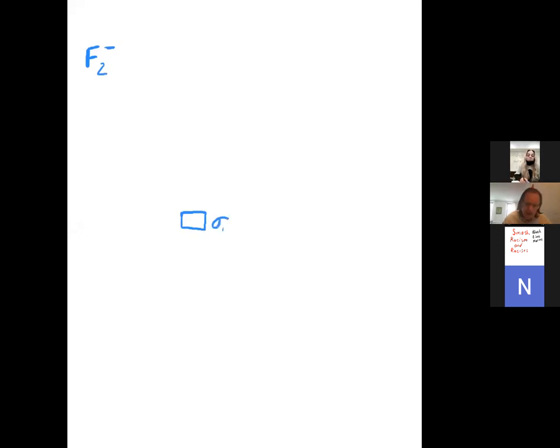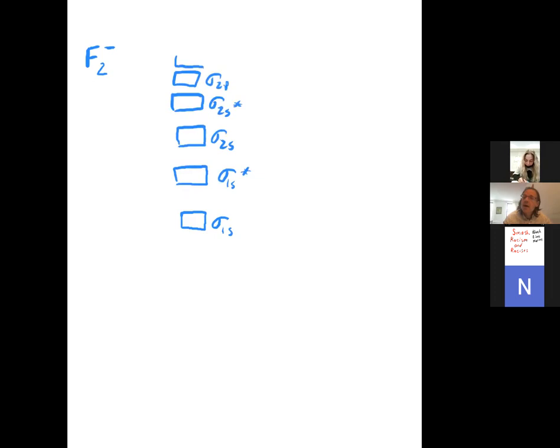So it's sigma 1s, sigma 1s star, sigma 2s, sigma 2s star, and then it's sigma 2p, and then it's pi 2p.